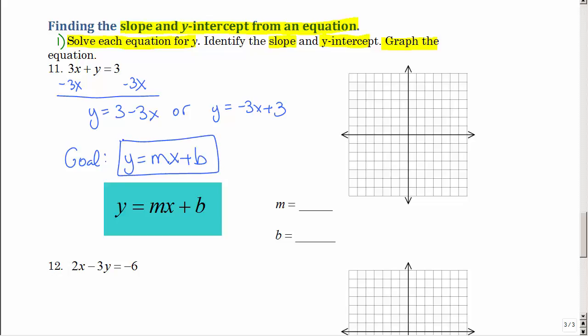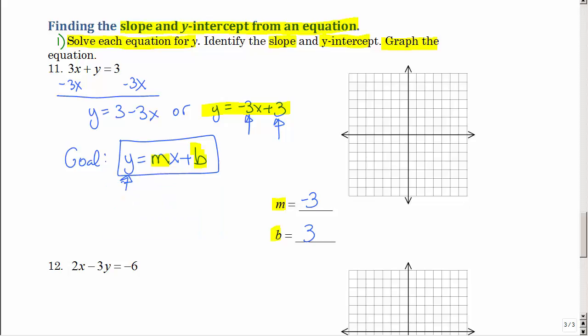That's what I want my equation to look like, because then I know the coefficient of x is m, which is my slope, and the other number is b, which is my y-intercept. Did I do that? Yes, I did. So m is the coefficient of x, and b is the other number, but that only works if you've gotten y by itself.